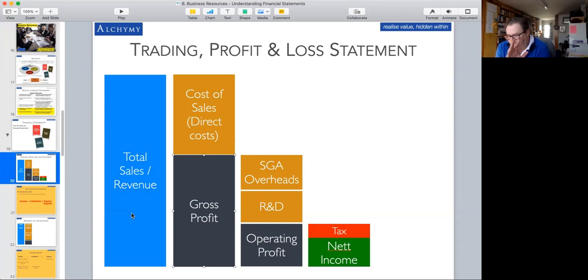So what we've seen in the last few months is some redundancies in the tech sector, big companies like Google and Microsoft laying off tens of thousands of workers. So what are they really doing? Are they selling less product? They're not really. Their sales are kind of staying the same. There will be some changes, but sales is not the issue. What they're really doing is managing these things here.